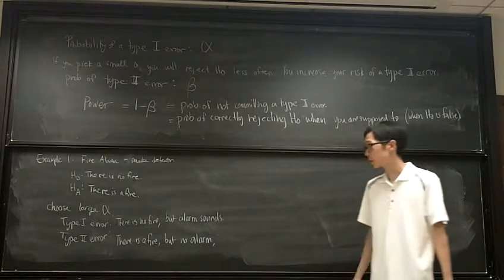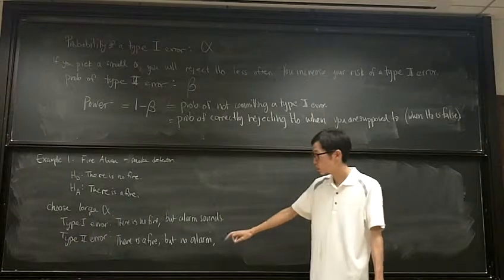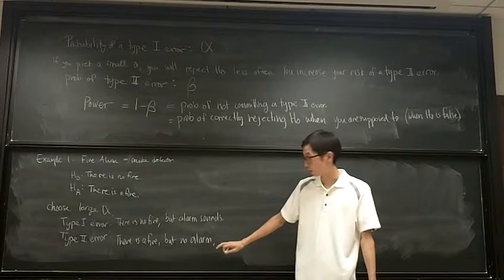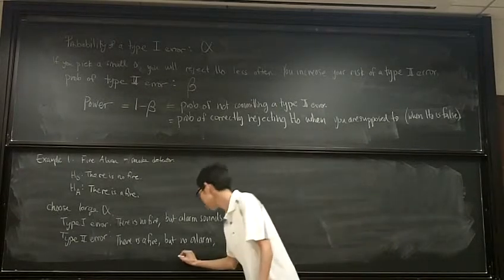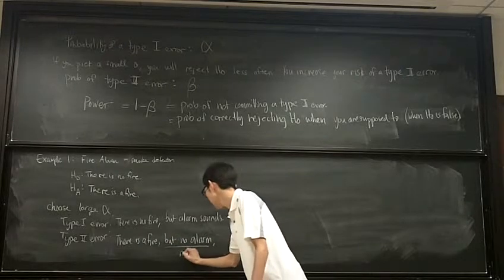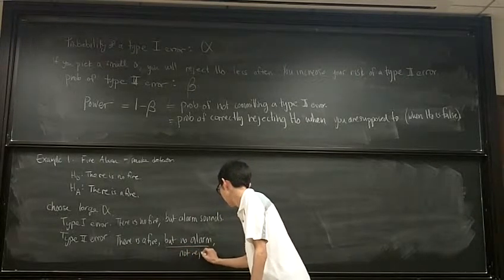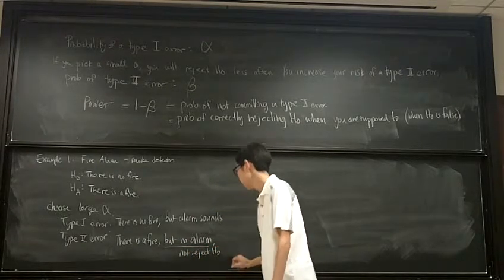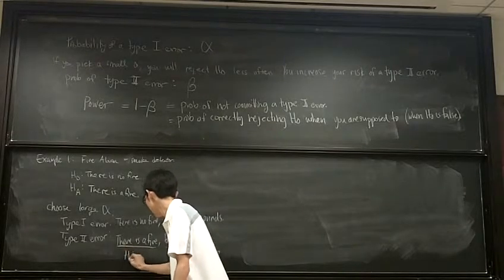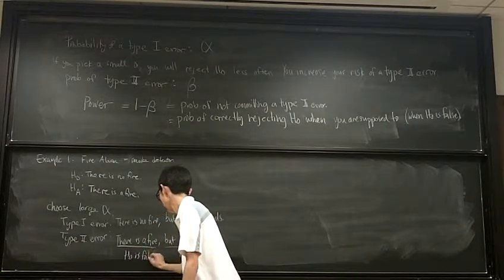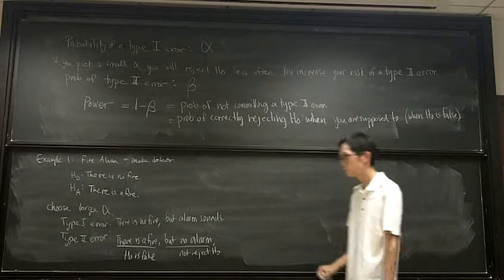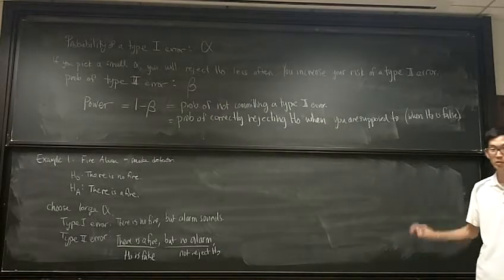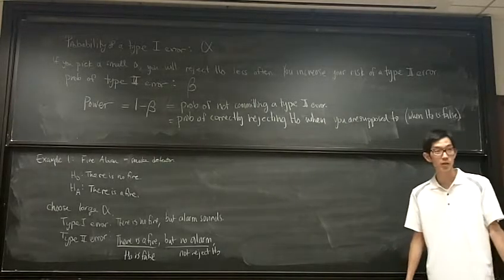That's a type 2 error, because with type 2 you did not reject the null. No alarm is not reject the null. But the null is false. You didn't reject the null, but the null is false. That's a type 2 error.